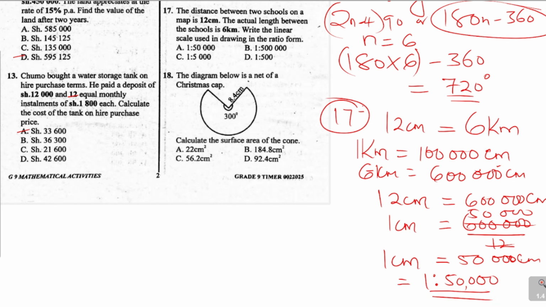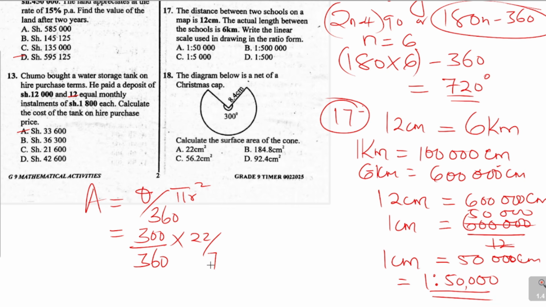When you're getting the area of the sector, remember, the area of the sector of a circle is given by theta over 360 times pi r squared, where theta is the angle, and the angle representing that major sector is 300 degrees, divided by 360, multiplied by pi, which is 22/7, times the radius, which is 8.4 squared.